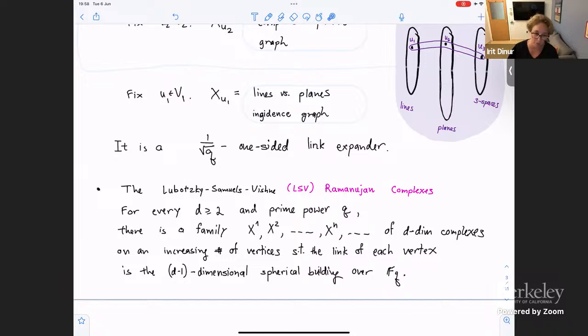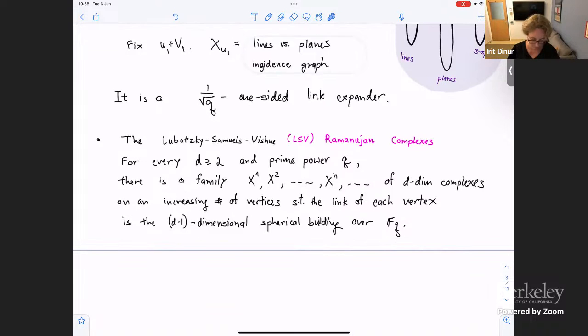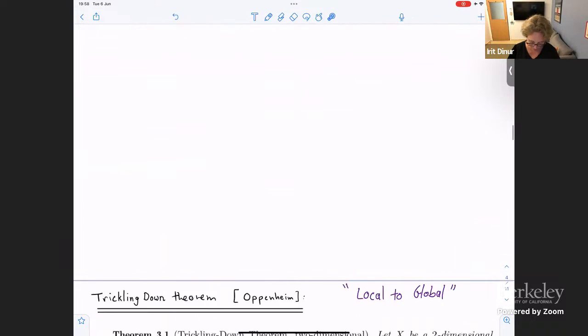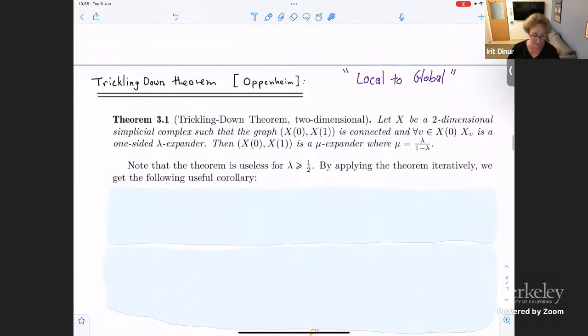So it's sometimes good to look at small pieces, and the links are nice little pieces that give information. And here is a theorem that is a first manifestation of this local to global phenomenon that says if you know something about the links, you can deduce something globally about the entire complex.